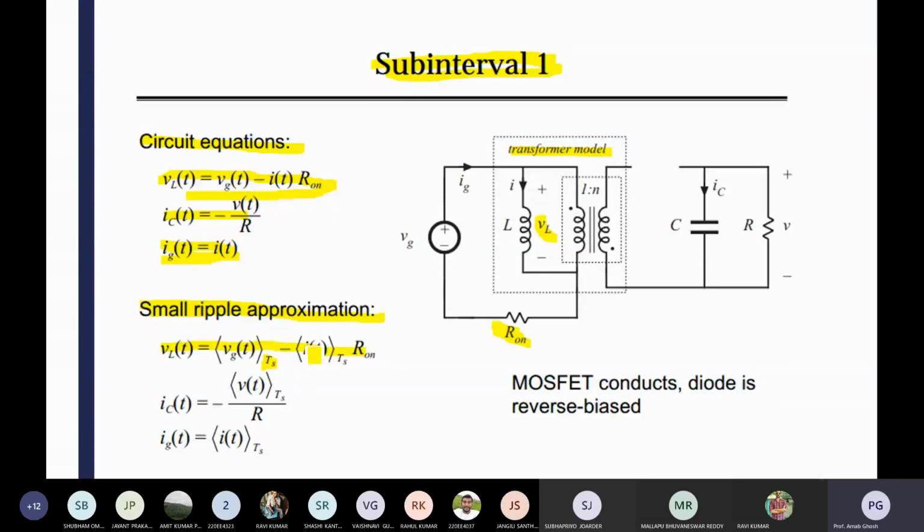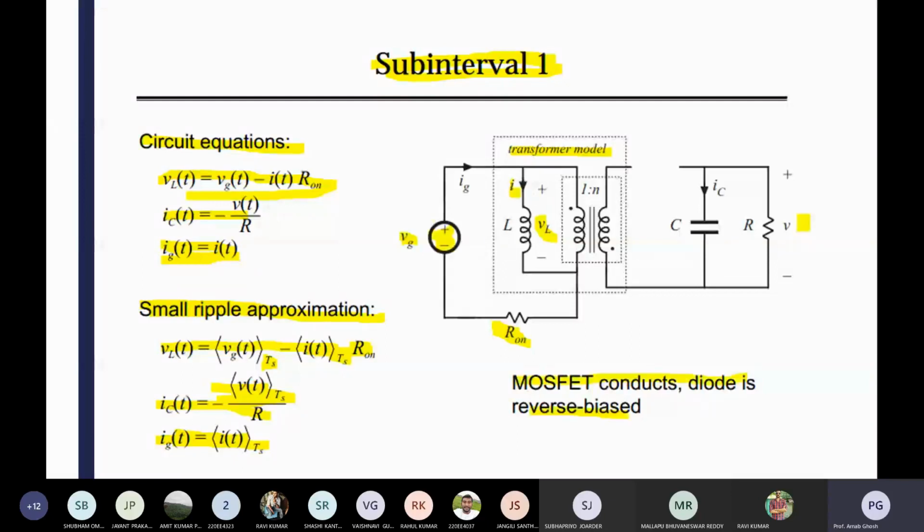Then the input current iG you can also calculate in terms of your inductor current, your iT current. When the MOSFET conducts, the diode is in reverse bias. The input voltage is VG and the output voltage is also v, so VG and v both are there.